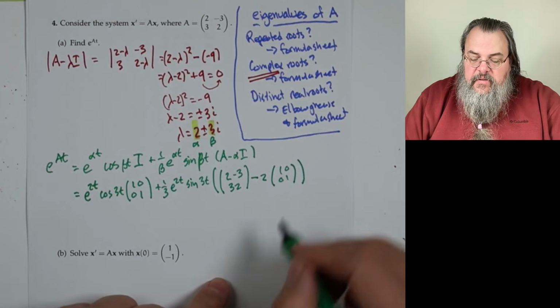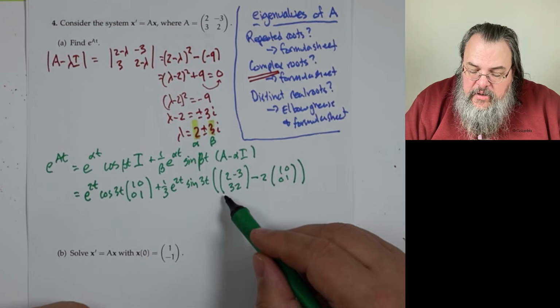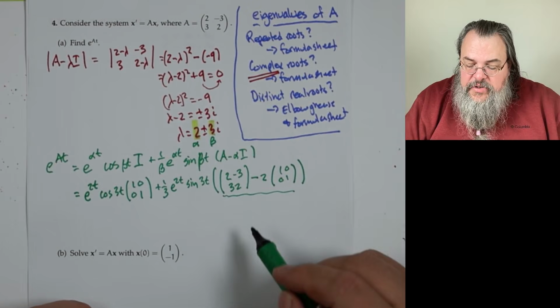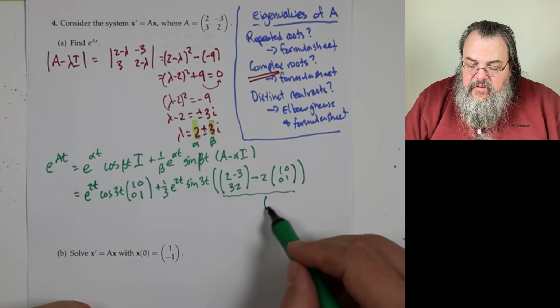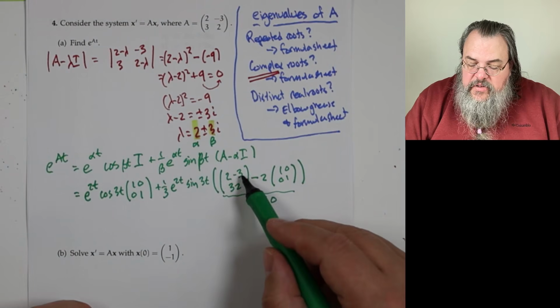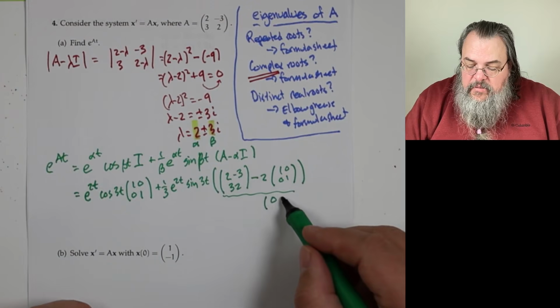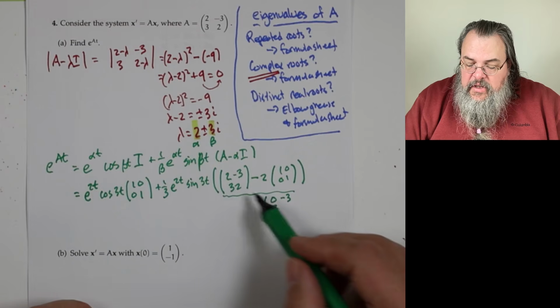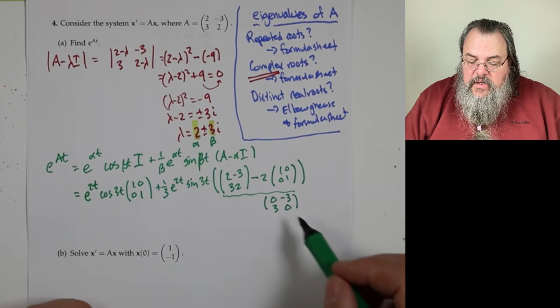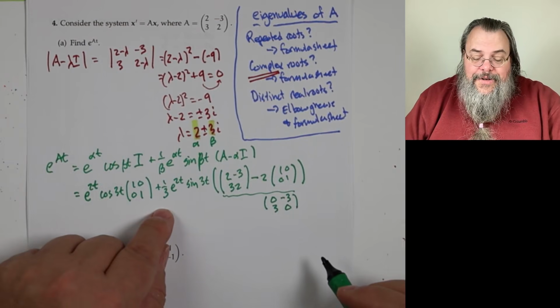Now if we carry out this computation, 2 minus 2 makes 0, minus 3 subtract 0 is minus 3, 3 subtract 0 is 3, 2 subtract 2 is 0. And notice there's a 1/3 there.